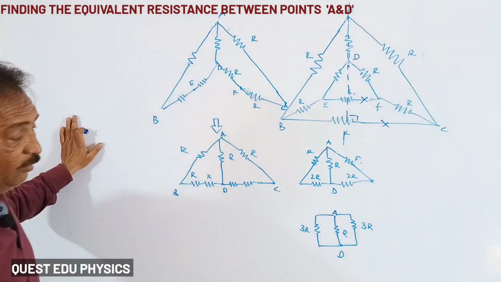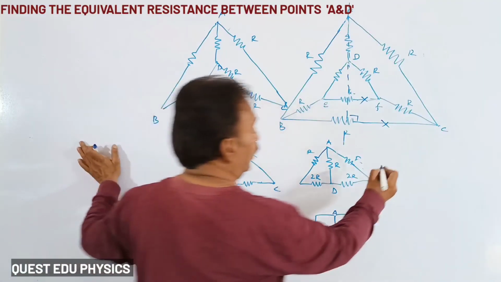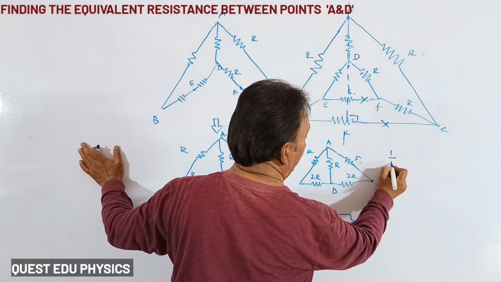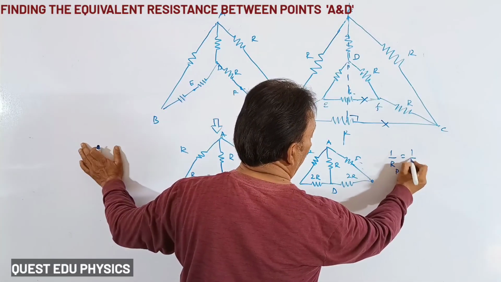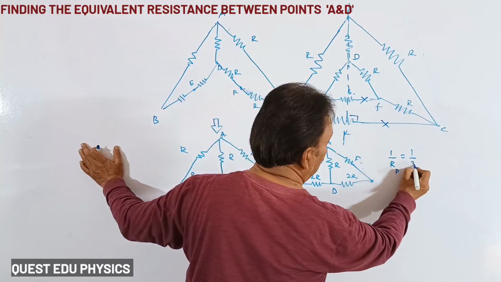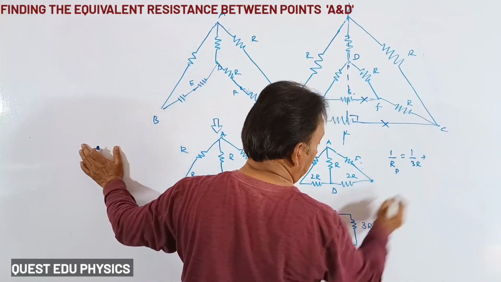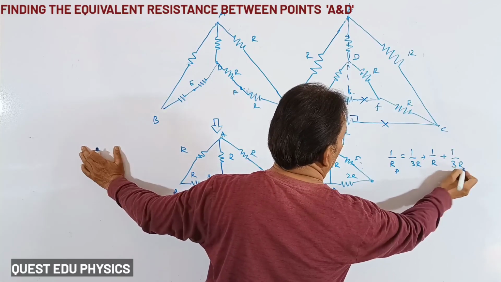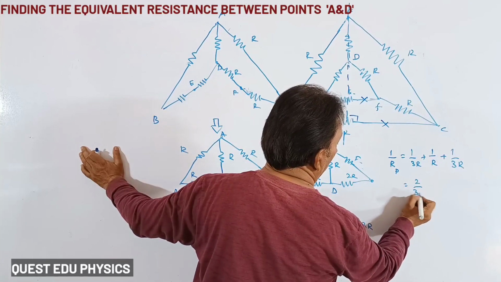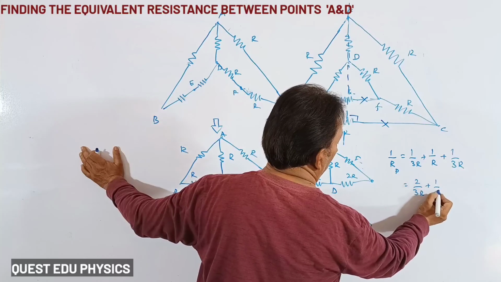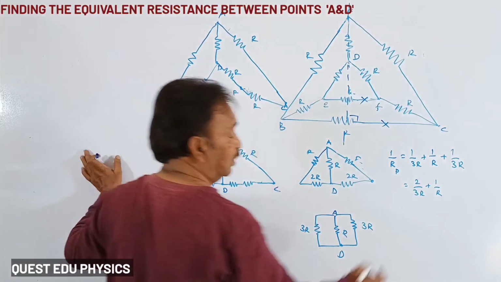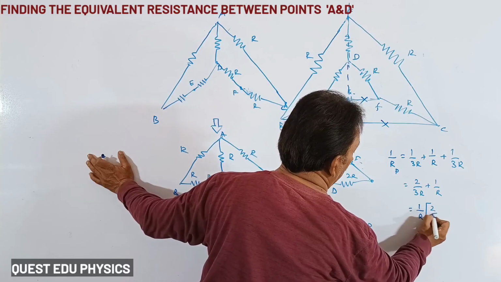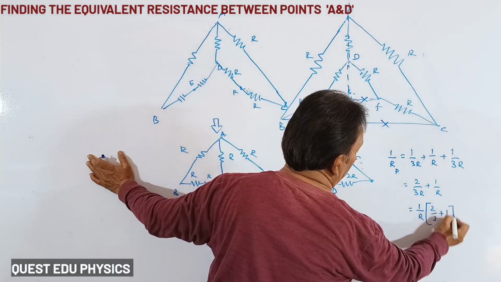And you know that when the resistors are in parallel, I'm redrawing this one. Okay, 1 by Rp is equal to 1 by 3R plus 1 by R plus 1 by 3R. It is 2 by 3R plus 1 by R. Well, students, if we take 1 by R as common, what we get? 2 by 3 plus 1.